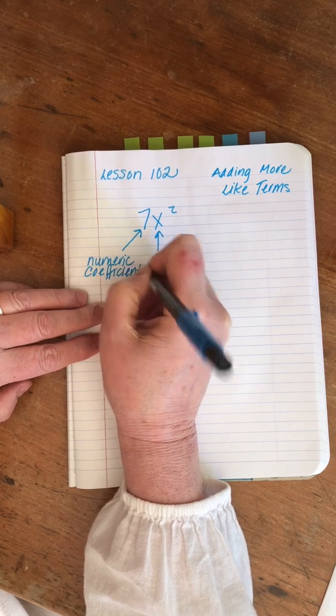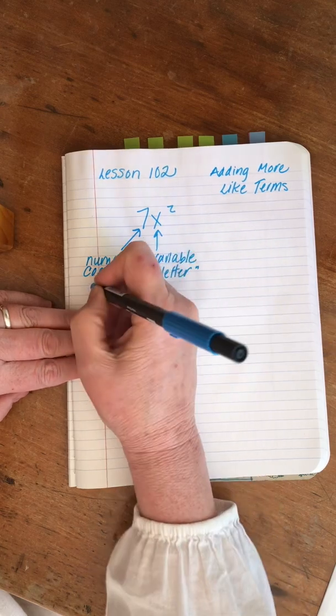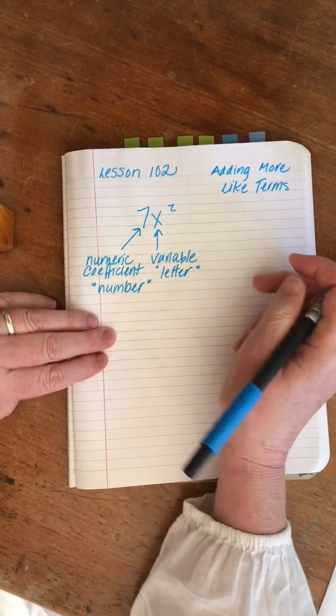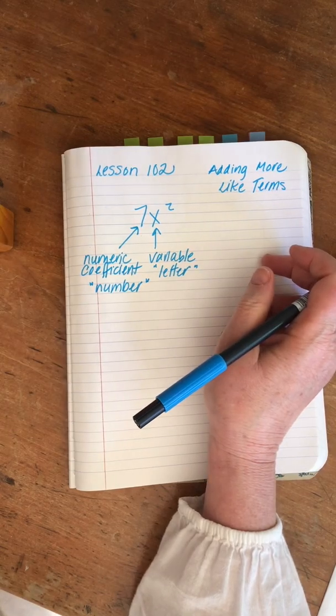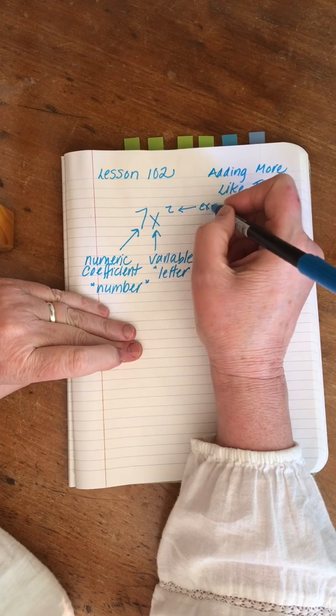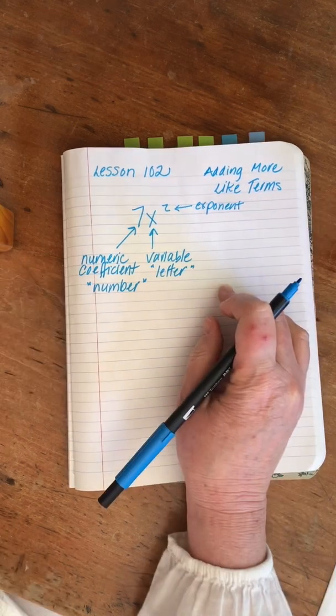That's fancy math talk. That just means number, okay? So I often just say number and letter because there's no reason to make this harder than it needs to be. Sometimes we also have an exponent, okay? That's associated with the letter.